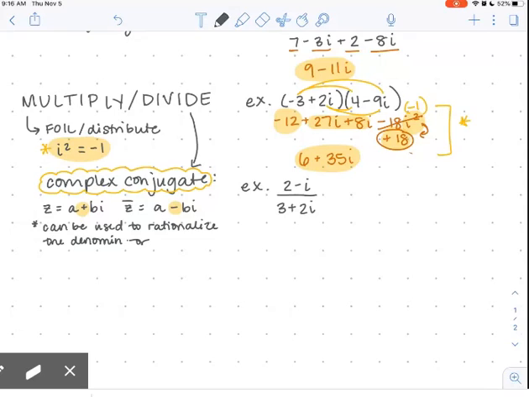On the web homework, there may be questions that are broken into part A, B, and C. A might say, given 3 plus 2i, what is the complex conjugate? So what would be the complex conjugate of this complex number, 3 plus 2i? 3 minus 2i. Yeah, 3 minus 2i. So we're going to multiply on bottom and on top.